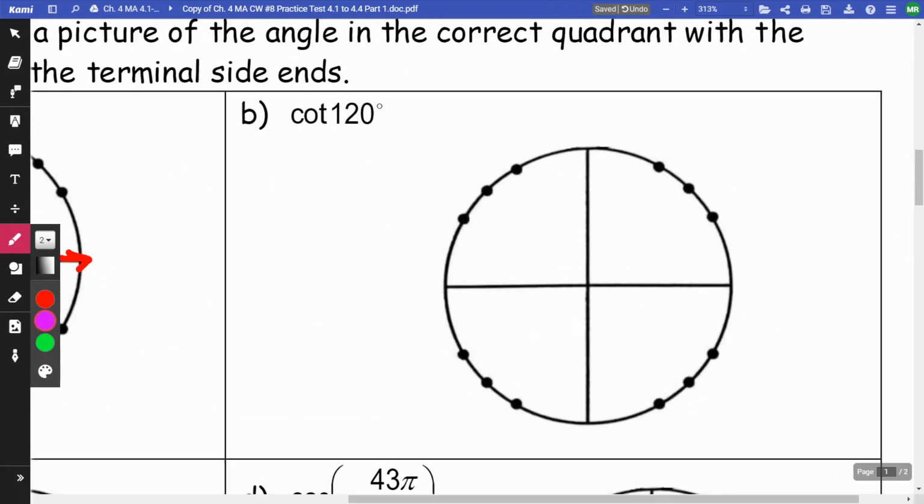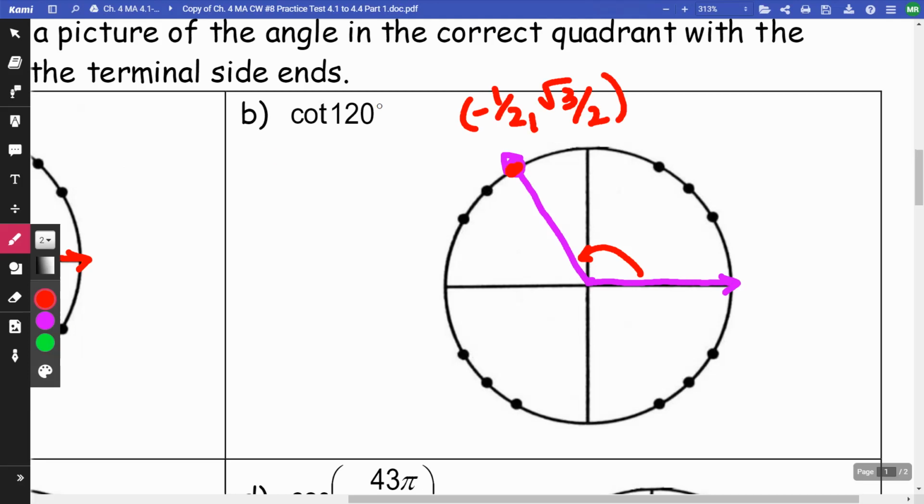On B, 120 degrees is going to be right here. So I'm starting here, going here. This is the direction that we went. This point right here is going to be at negative 1/2, root 3 halves. Now this is cotangent. Cotangent is x over y.